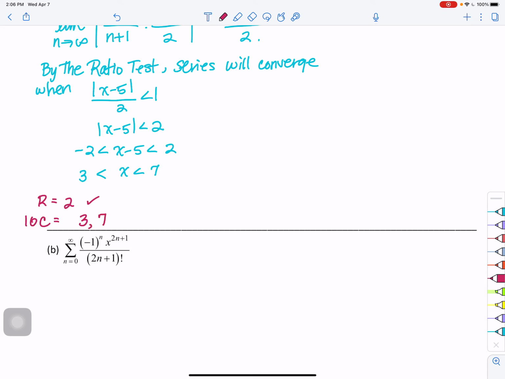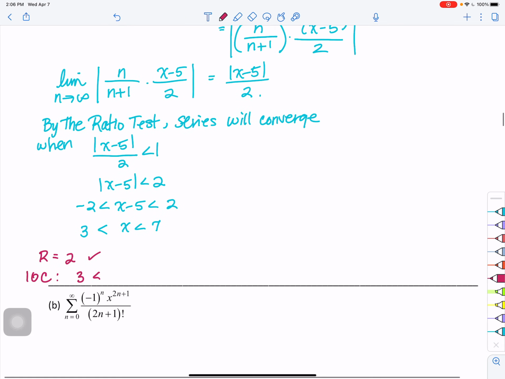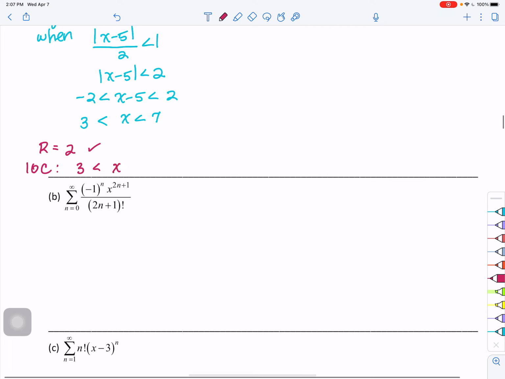We don't know whether these are brackets, one is a parenthesis, we don't know. So what I like to just go ahead and write is that right now, and we can always go to interval notation, is that 3 is less than x is less than 7. And if we have to make these less than or equal to, we will.